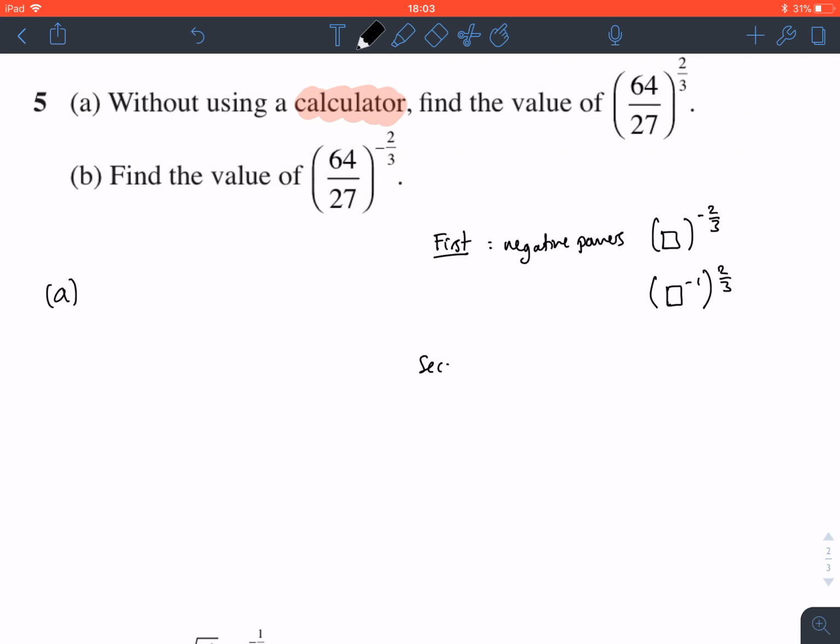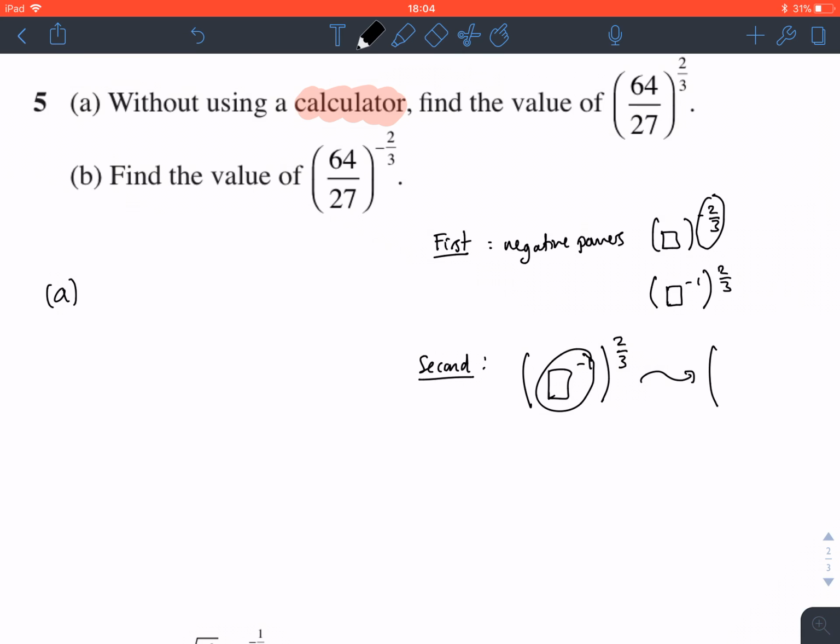The second step will be dealing with the denominator of the fraction. So in this case, let's use minus 2/3 as an example here. I want you to do the minus power of the minus 1 first. And then after you've done with that, you'll be left with a 2/3 and then you'll get this number, whatever this number may be.